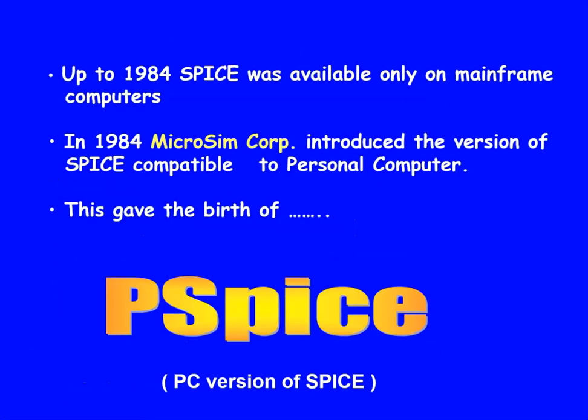Up to 1984, SPICE was available only on mainframe computers. In 1984, MicroSim Corporation introduced a version of SPICE compatible with personal computers. This gave birth to PSPICE. PSPICE means the PC version of SPICE software.